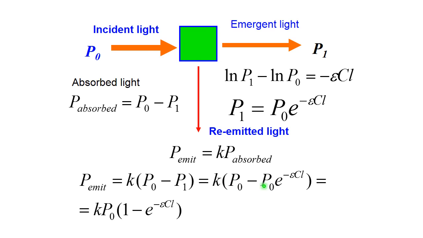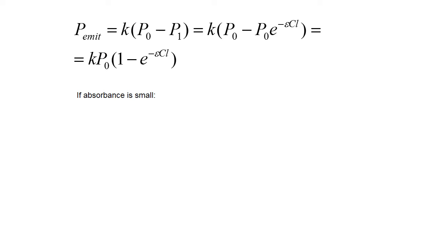P0 is present in both parts, so you can take it out and receive such a function. Again the same, P0 minus P1, and we have an equation for intensity of emitted radiation as a function of concentration.